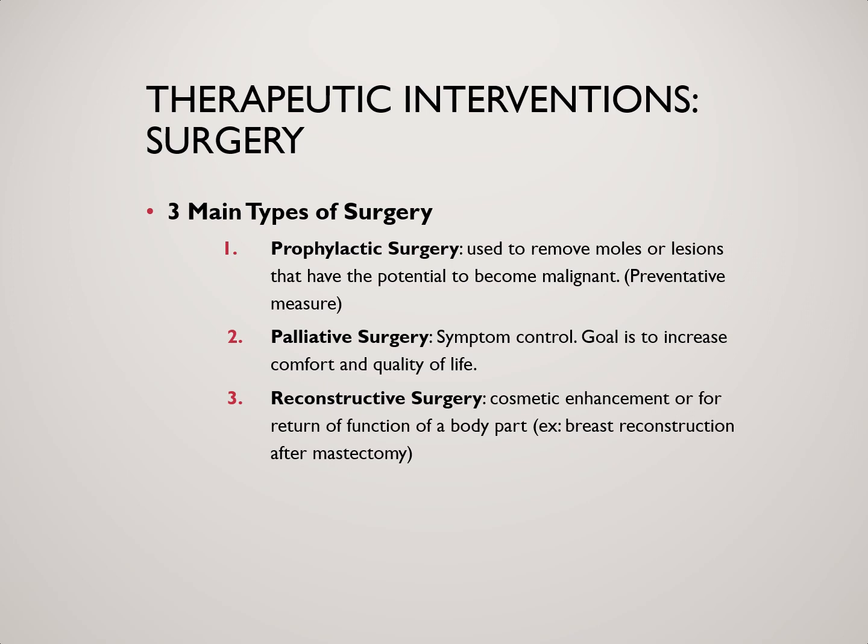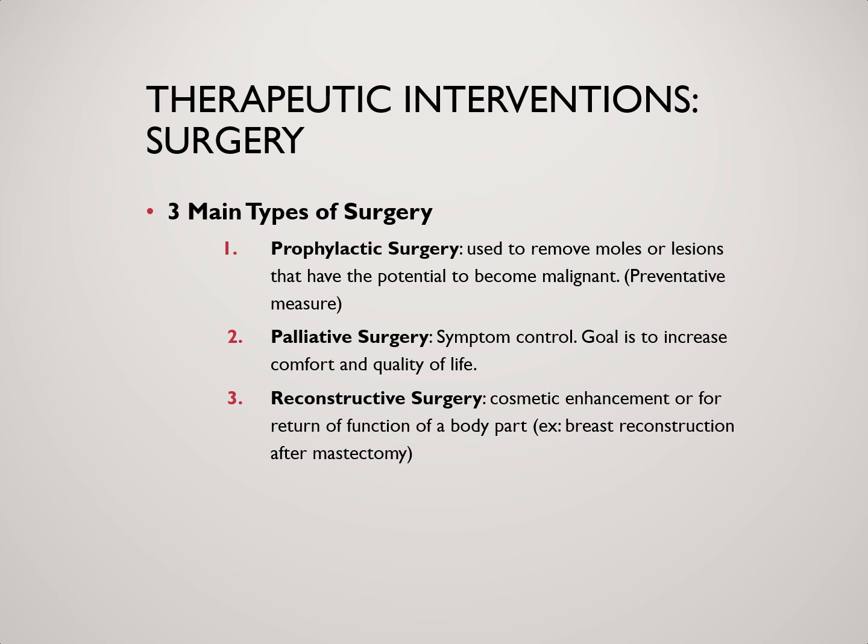For example, if the patient is towards the end of life and they have a very large tumor, so large that it is compressing on the nerve endings, those nerve endings, when they become compressed, cause a lot of pain and discomfort for that patient.